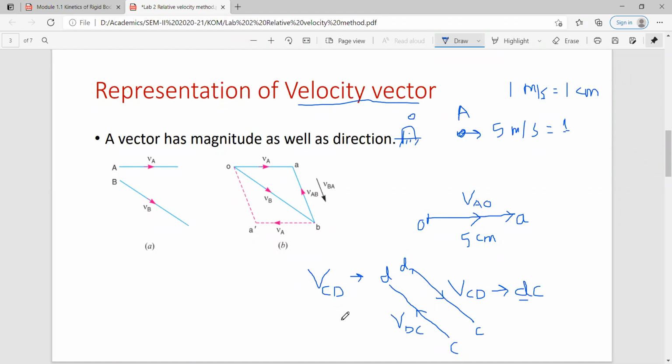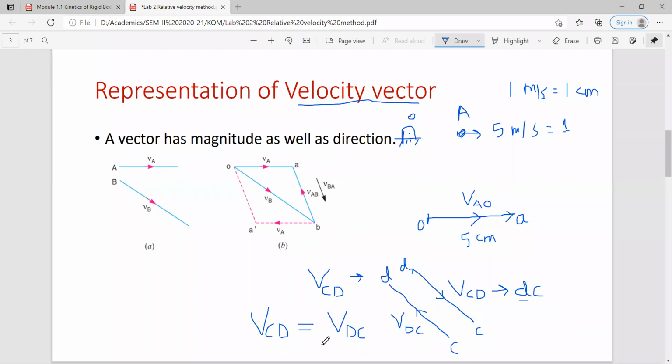Okay, and that's why we say that velocity of C with respect to D is not equal to velocity of D with respect to C, because directions are opposite.